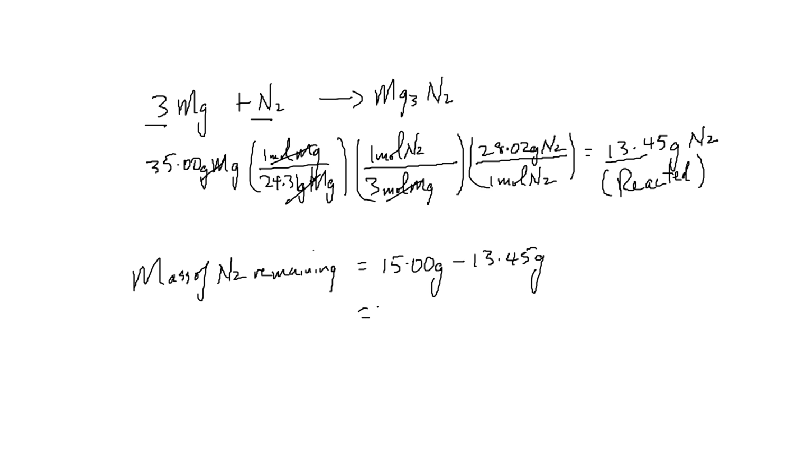And whatever that gives, that would be the answer. So according to my calculation, this works out to be 1.55 grams of nitrogen that remains at the end of this reaction.